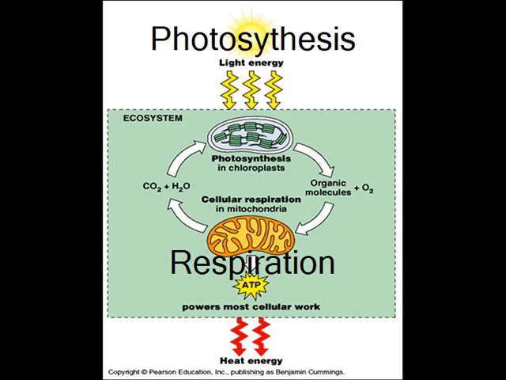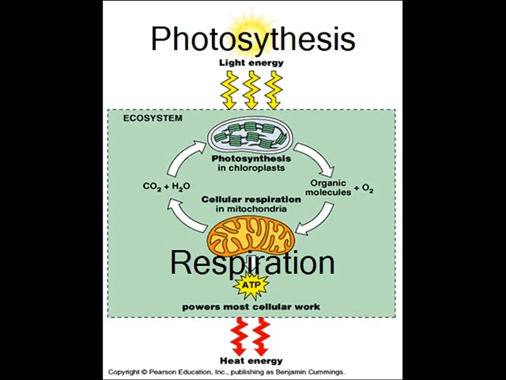Point being, photosynthesis and respiration are opposite processes, so you can't have one without the other because the reactants of one are the products of the other. Notice also the energy sources. So in photosynthesis, the energy has to go into the system, so that would be an endergonic reaction.